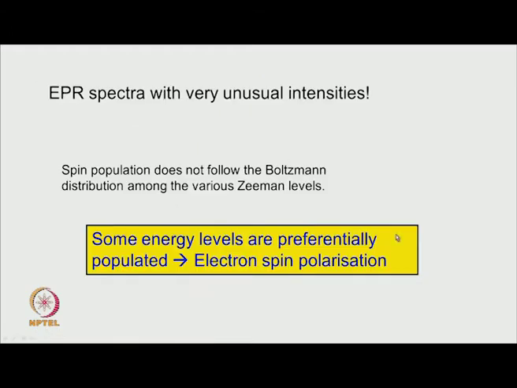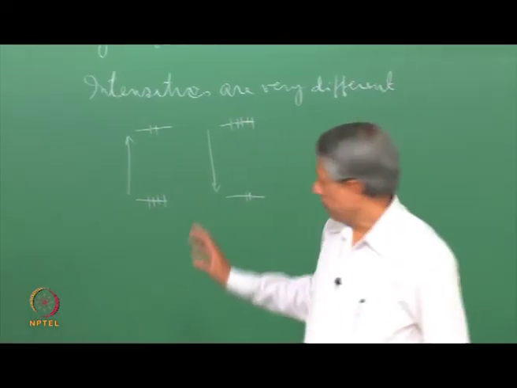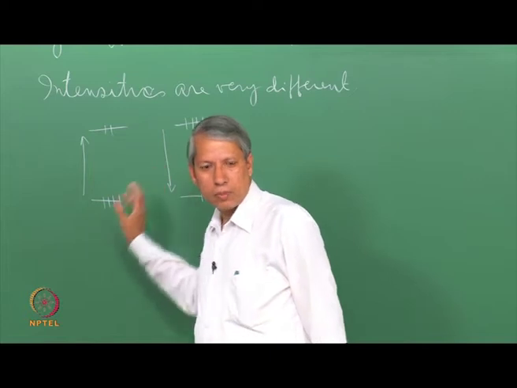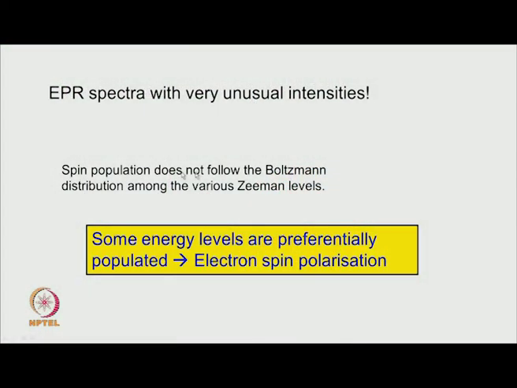So, we call these radicals, which are produced in selectively populated spin states, electron spin polarized. Some levels are selectively populated. Electron spin polarization is the phenomenon we are observing here, and therefore, the spin populations at different Zeeman levels do not follow the Boltzmann distribution.